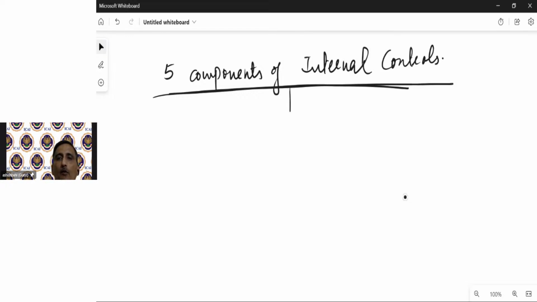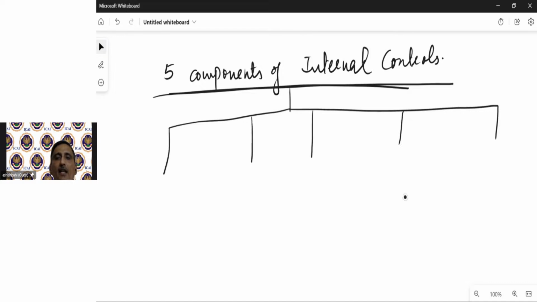So quickly we would just know the names only, and thereafter we shall study. Okay. So the 5 components are: control environment. Second is the entity's risk assessment process.